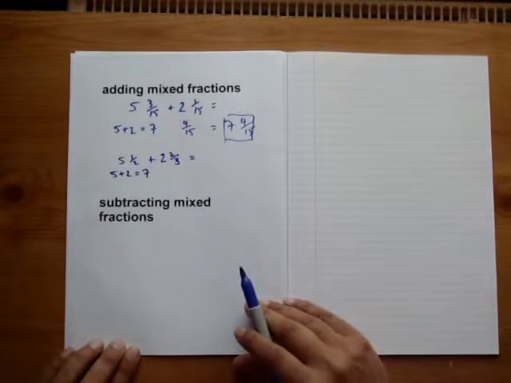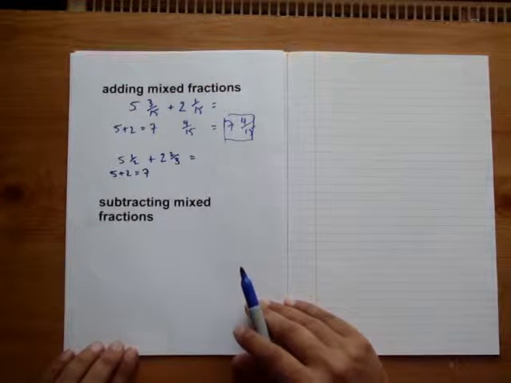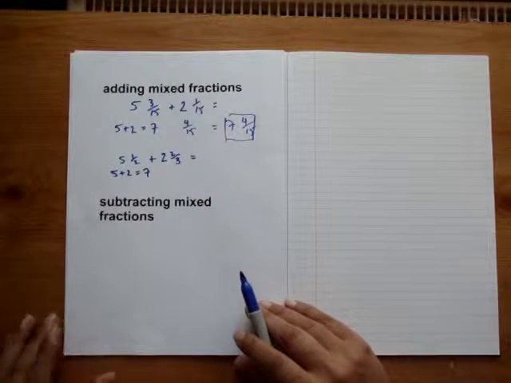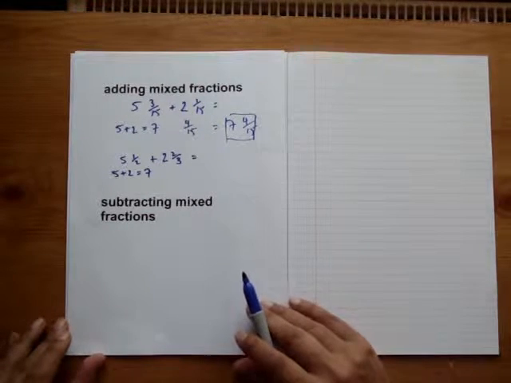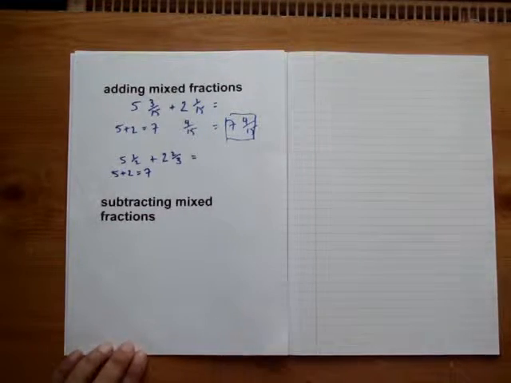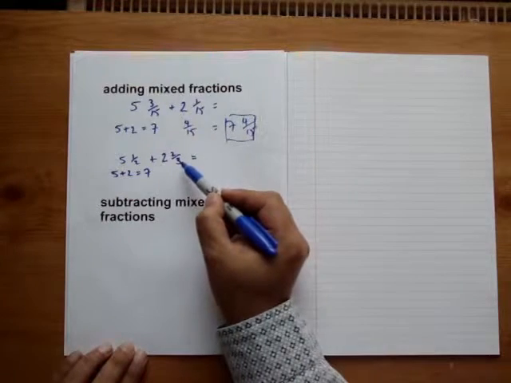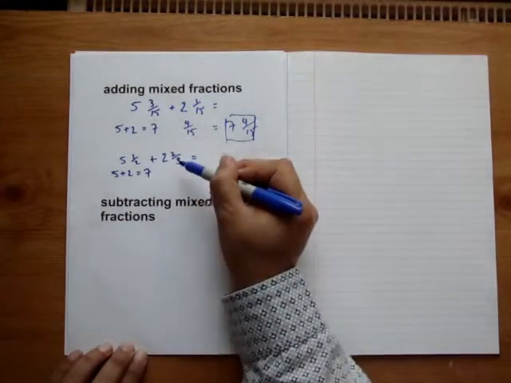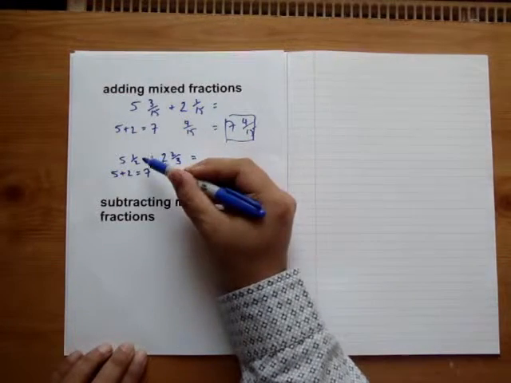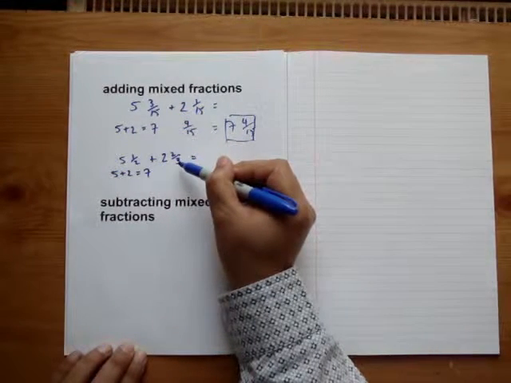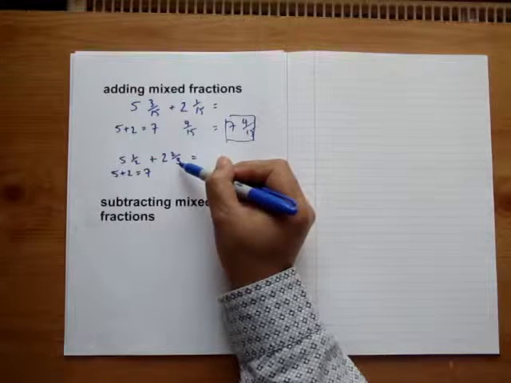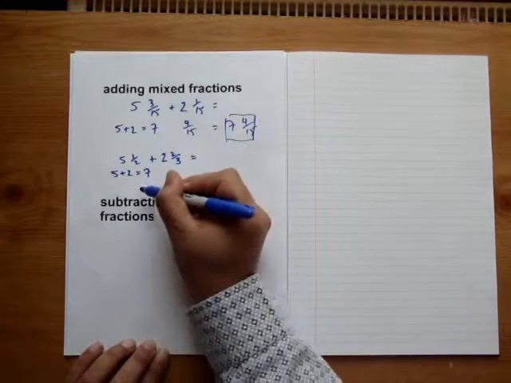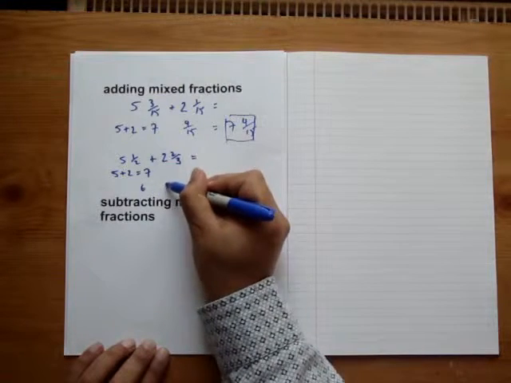Then we deal with the fractions, and we make the denominators the same by looking for a lowest common multiple. So look at the 3, and go through the 3 times table. Lowest common multiple, if we go 3 times 1, is that a multiple of 2? No. 3 times 2, 6. Is that a multiple of 2? Yes. So we put 6 plus 6.